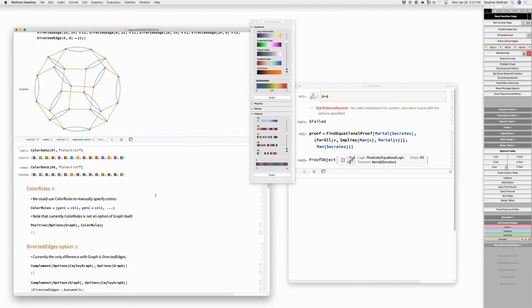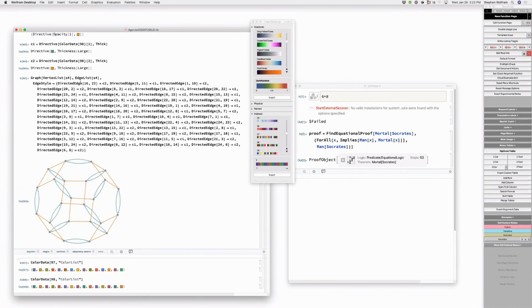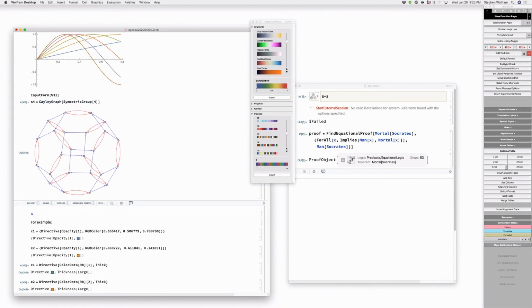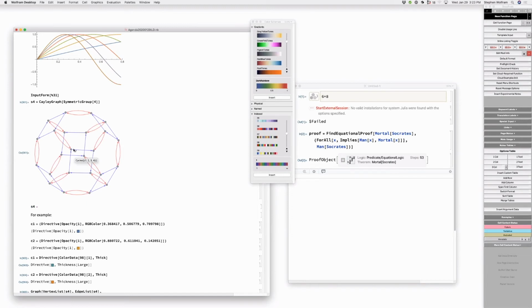That seems a bit thick, but let's try setting this. Let's just try S4 equals Cayley graph of like symmetric group of 6 elements or something. Just see something a little bit denser.